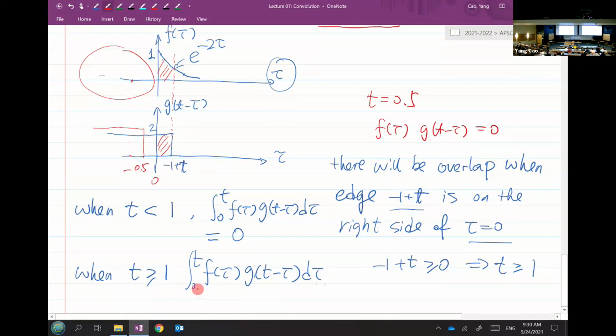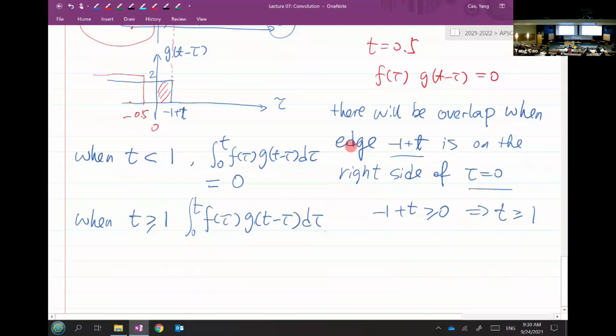So even though your original integral limit is 0 to t, and that's your formula, in this case you are not really integrating over the whole range 0 to t. You're only integrating from 0 to minus 1 plus t. That's your integral limit for tau here, because that's the range where you have a non-zero value for the multiplication of the integrand.